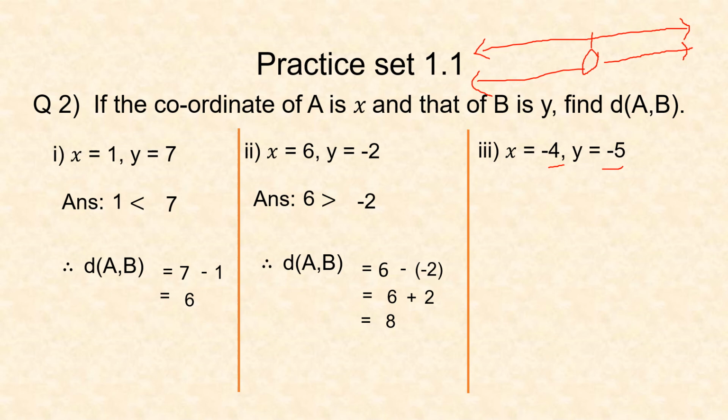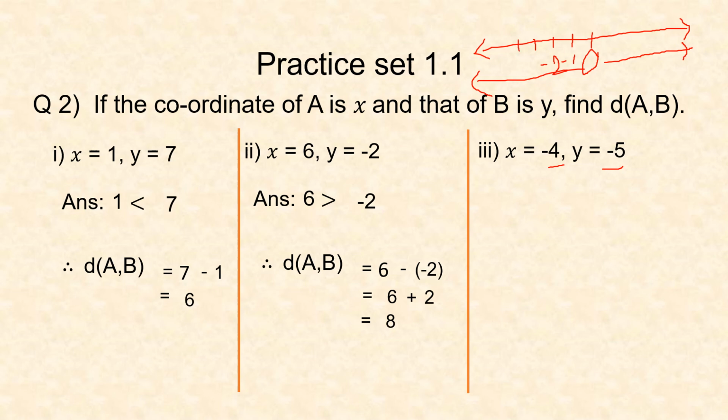When we move left side, the number is smaller. This is minus 1. Minus 1 is smaller than 0. Minus 2 lies on the left hand side of the minus 1. Therefore, minus 2 is smaller than minus 1. Similarly, minus 3 is smaller than minus 2.